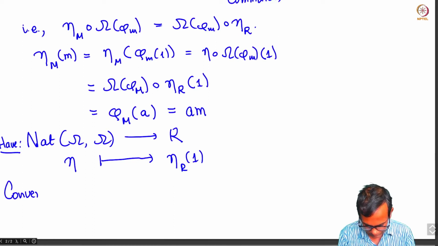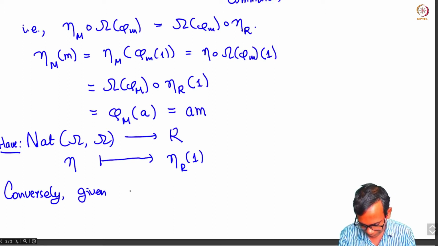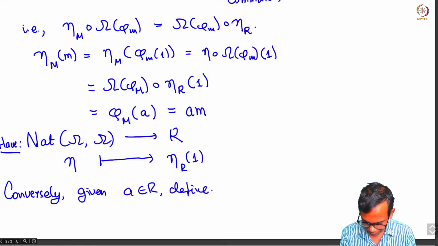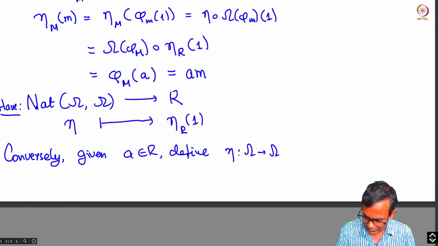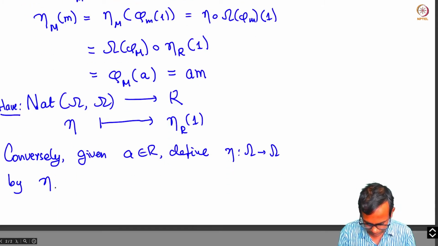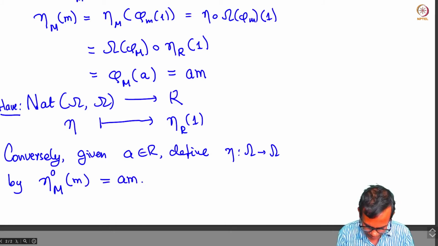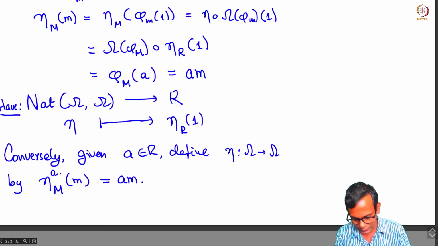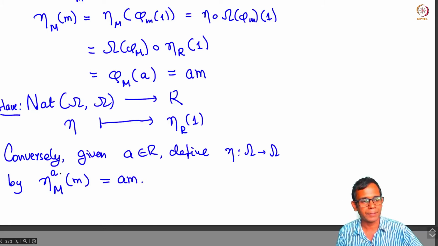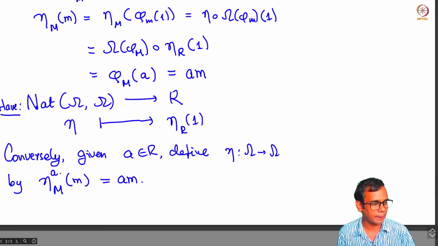Conversely, given a in R, define eta from omega to omega by setting eta M of m equal to am. We'll call this eta superscript a, the natural transformation associated to a.